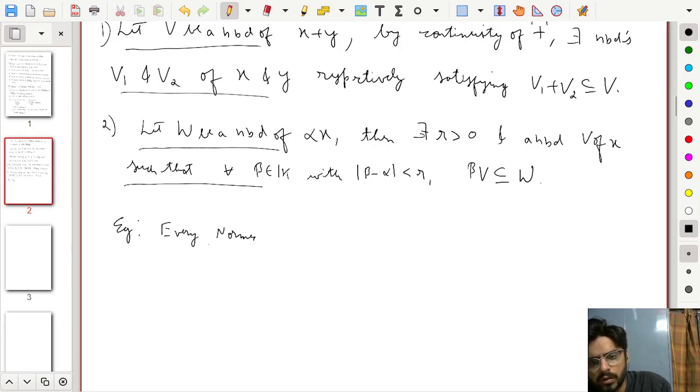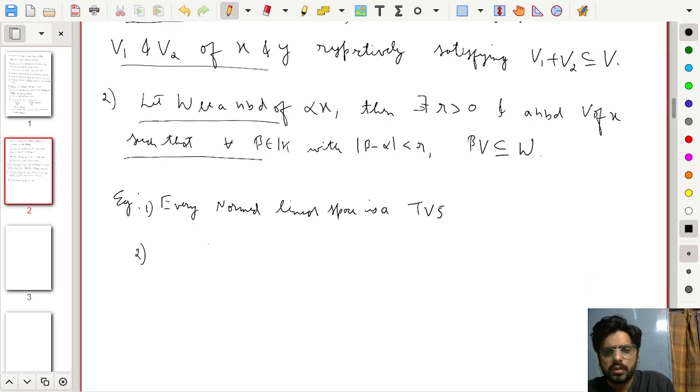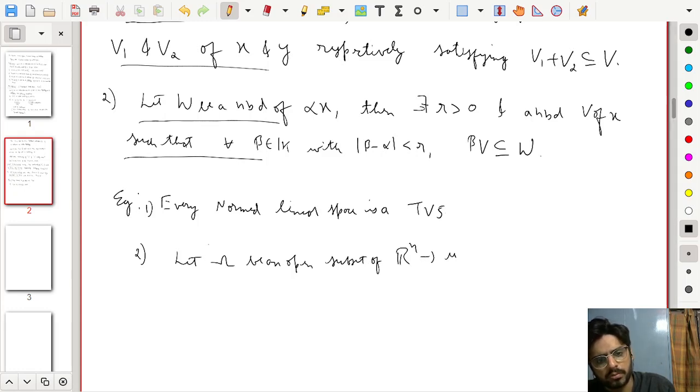Second example, let omega be an open subset of R^n, R^n with the usual Euclidean topology.